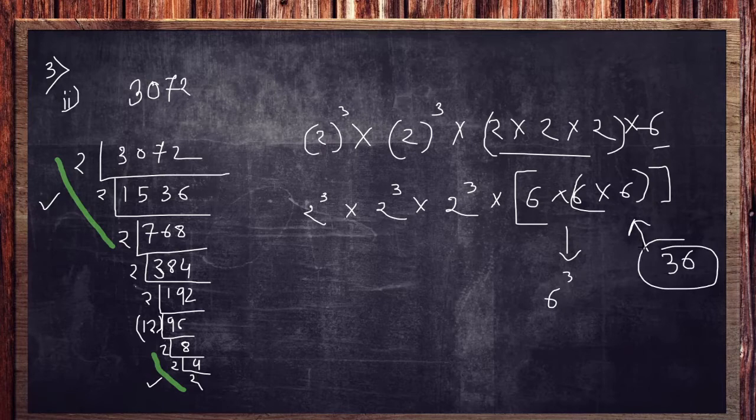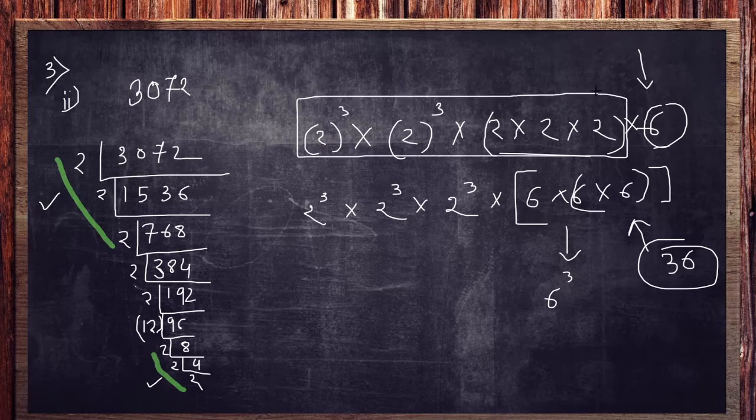So the number 36 is what you have to multiply with this total value to get a perfect cube. If I ask you what number should I divide it by, then you can say that if I divide by 6 to remove this extra 6, then it will be a perfect cube also.